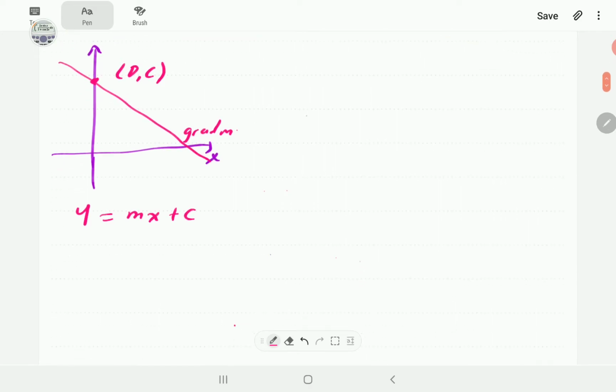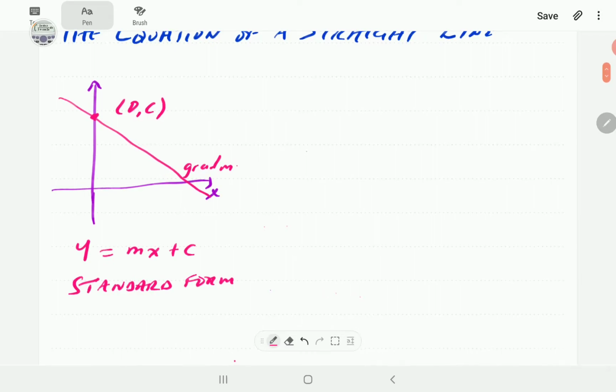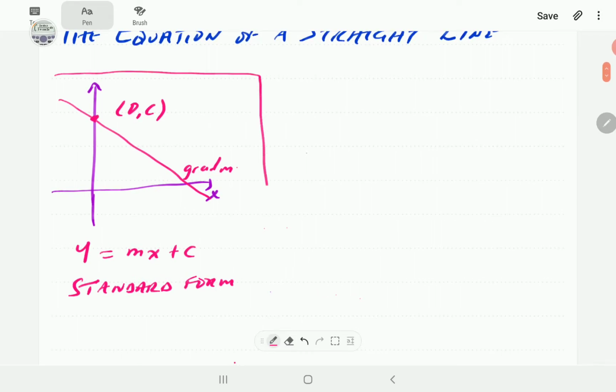We said this is the standard form of the equation of a straight line. It's probably the most common or most popular, I should say.